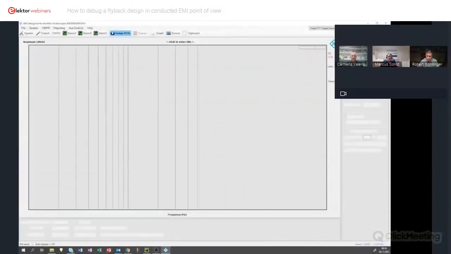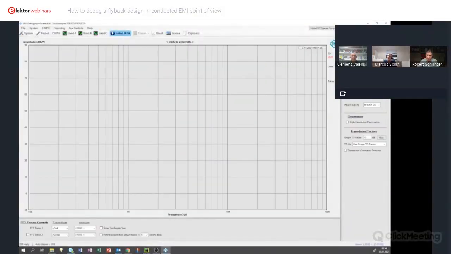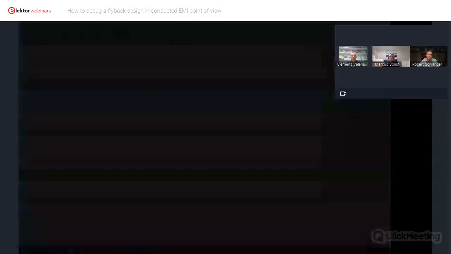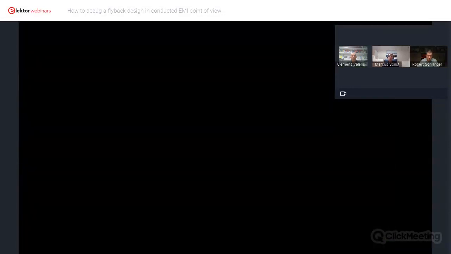This is basically the start window, and what we can do here, we can select and define on the right the start frequency, stop frequency, all the frequency settings we need for our conducted emission setup, the vertical scale, high decimation, and in addition, we can also select the limit lines in the left bottom corner, according to the standard we are using. And we can have 2 FFT traces, one for peak and one for average, which is also quite convenient and common to use on an oscilloscope.